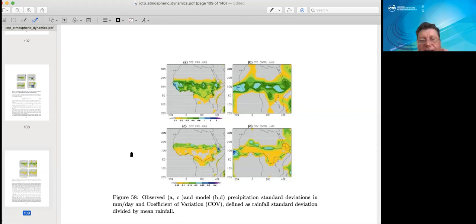But if this quantity is large, that means, assume you have some kind of medium rainfall, and this quantity becomes 1, that means that the typical variation of that quantity can be as large as the mean rainfall. That could mean that in some years, even if typically on average there is rainfall, instead of 1 millimeter per day you have 0 or double.